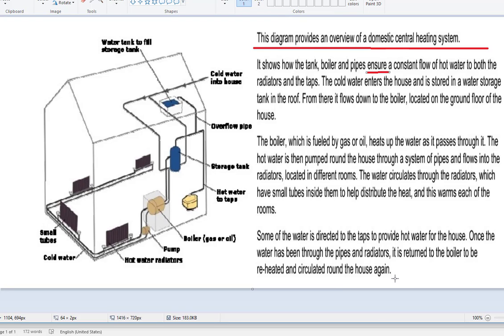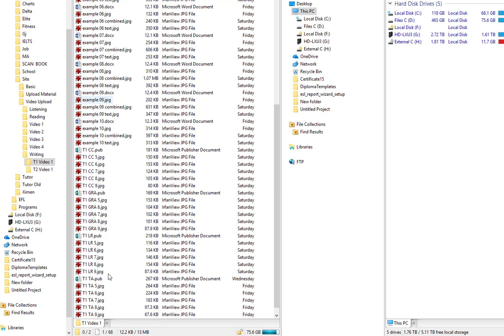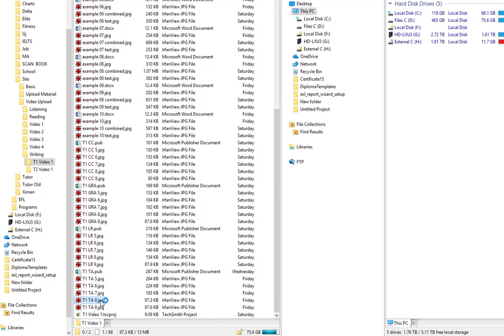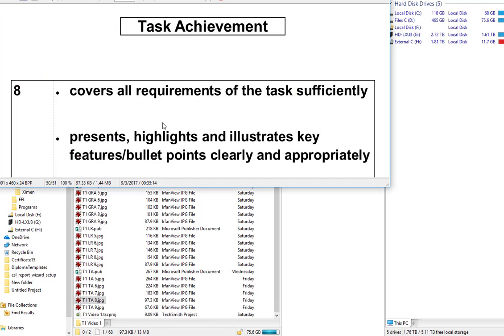Okay, so there's no summary, as a summary is not needed. So, very good, very on point. Covers all requirements of the task sufficiently. The features chosen are justified.